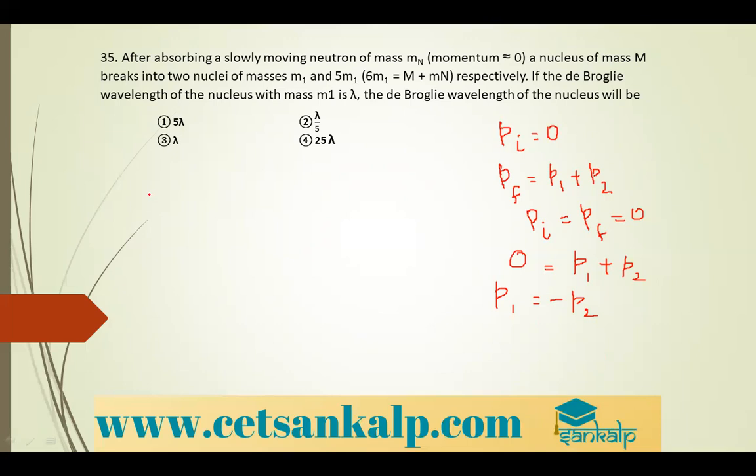Now you have the formula lambda is equal to h divided by p, right? So ಈಗ lambda 1 is equal to h divided by p1 ಆಗುತ್ತೆ. So lambda 2 is equal to h divided by p2. Okay, so ಈಗ ಏನು ಹೇಳ್ತಾ ಇದ್ದೀವಿ, accordingly magnitude of lambda 1 is equal to magnitude of lambda 2 ಅಂತ ಕರಿತೀವಿ.